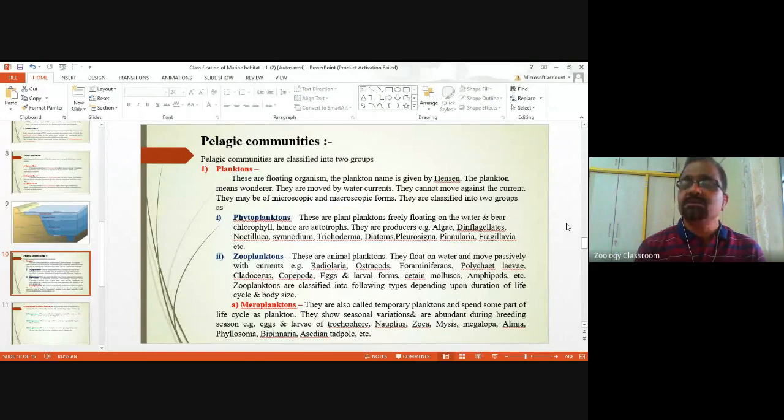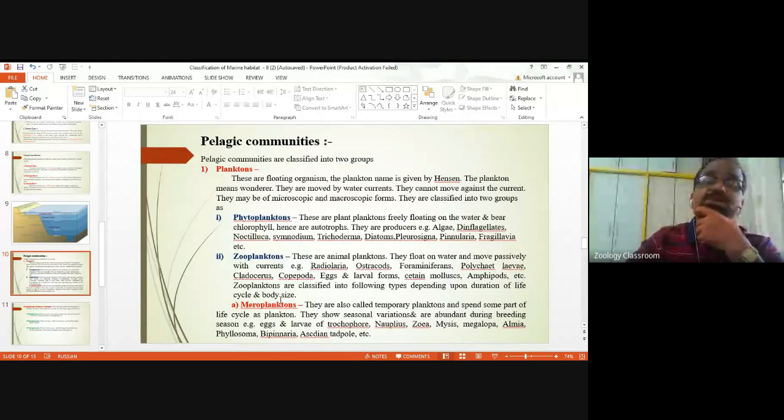The oceans are very good deposits of carbon dioxide, and thus the process of photosynthesis is more accelerated within these organisms. So they are producers, and these are varieties of algae like dinoflagellates, Noctiluca, Gymnodinium, Trichodesmium, diatoms, and these are some of the generic names of these phytoplanktons.